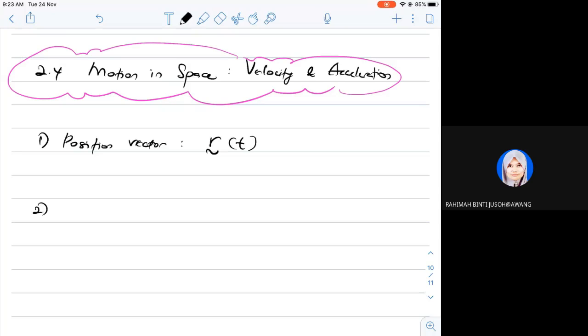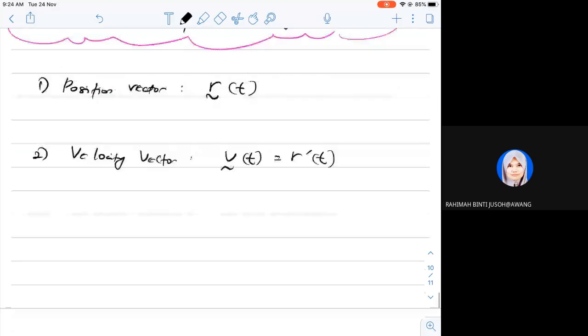All right, number 2, we have velocity vector. Okay, velocity vector, which is denoted as v(t) equals to r prime t. You have to differentiate the position vector. Okay, number 3, acceleration.